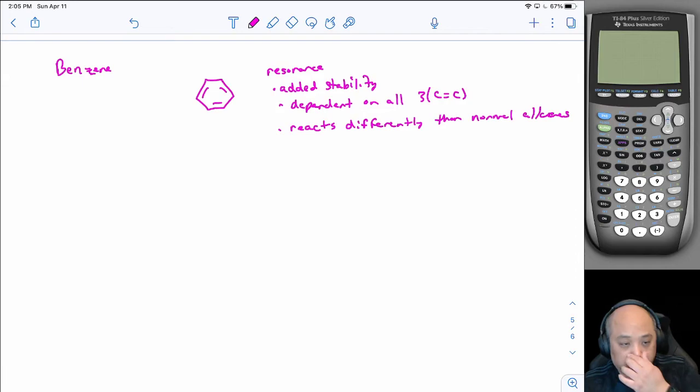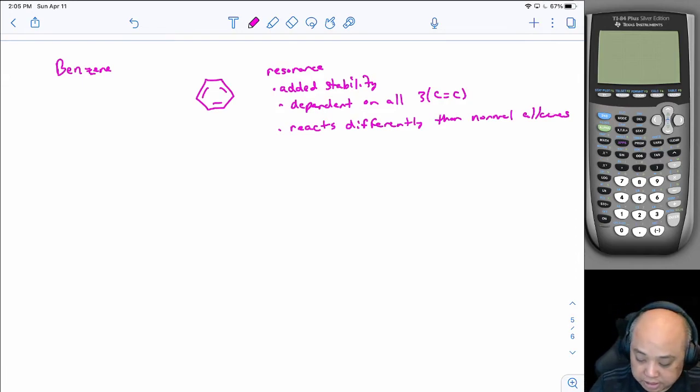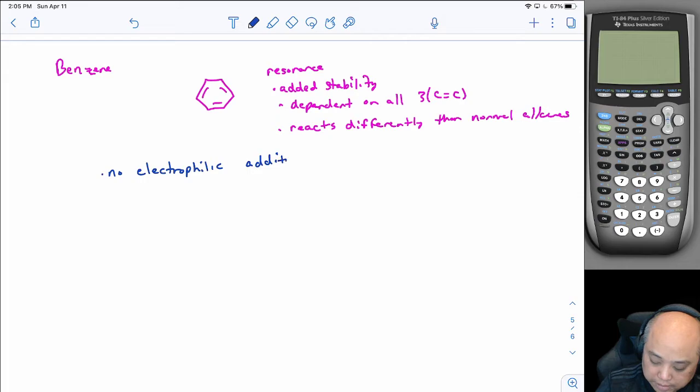Because you can make an argument, well, it has double bonds, so I can do alkene addition, electrophilic addition to it, and replace one of the double bonds with a group. But the idea is that if you do that, you'll destroy the stability of the structure, and then it's not stable. And so what we do here is no electrophilic addition, because you can't add anything to that benzene.